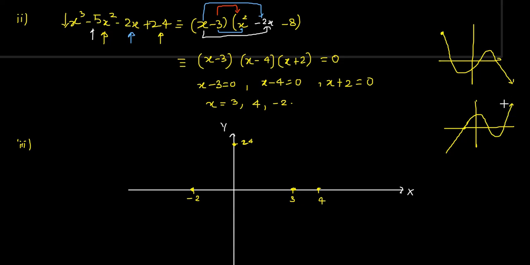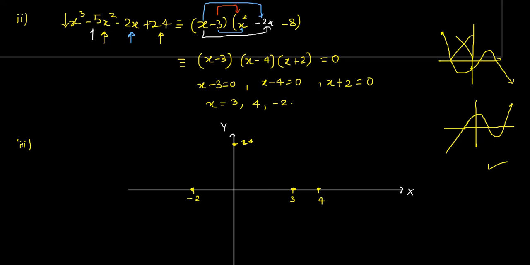It will increase to +infinity. So we have to choose between these two possibilities. One method could be that since the y-intercept is +24, in this first case the y-intercept is negative, so we rule out this possibility, and this is the required curve, means the shape of the curve will be like this.